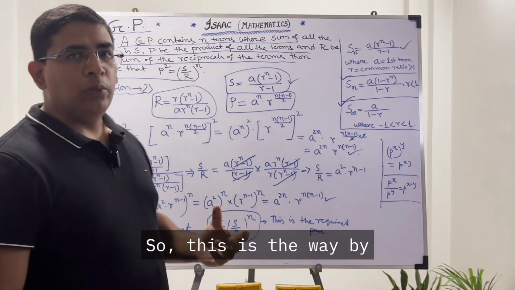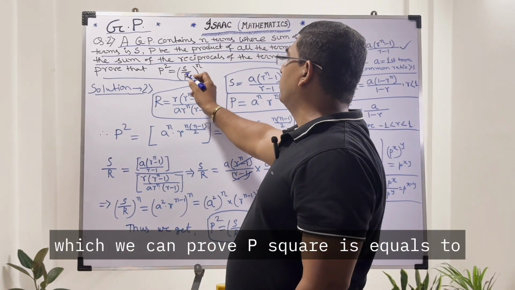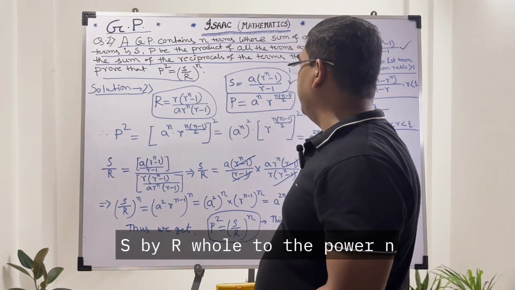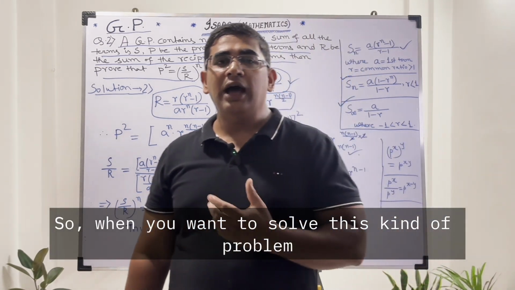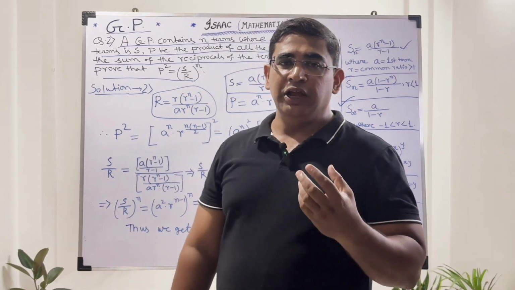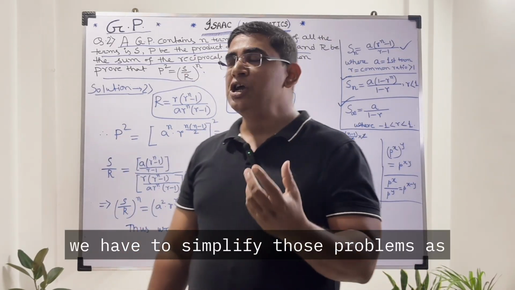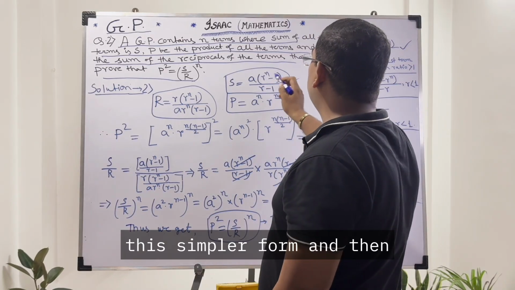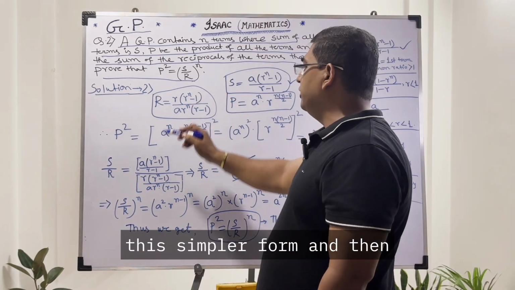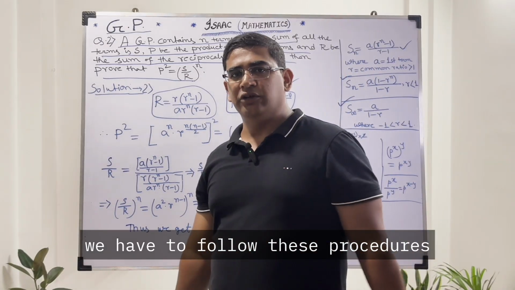So, this is the way by which we can prove P square is equal to S by R whole to the power n. Okay. So, when you want to solve this kind of problem, first of all we have to simplify those problems into a simpler form, and then we have to follow these procedures. Okay.